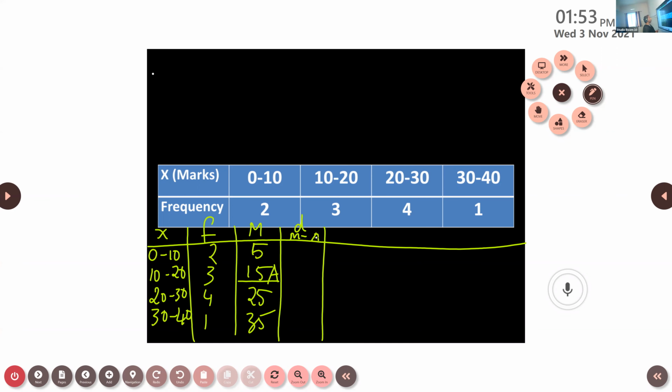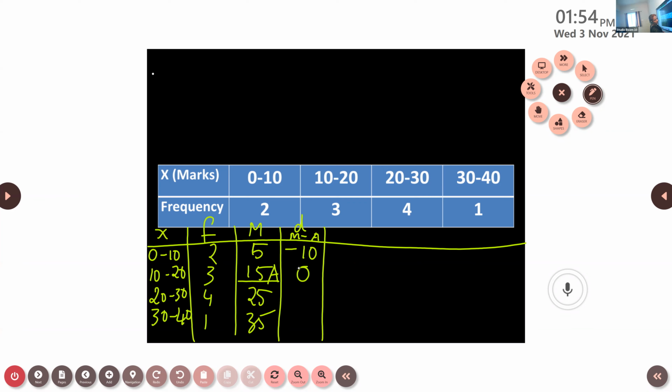Okay, now everyone find what is D. All of you got it? Rahul, what is the first one? Minus 10. Okay, minus 10. Abhilash, second one, 0. You know that when you subtract the assumed mean from the same value, it will be 0.